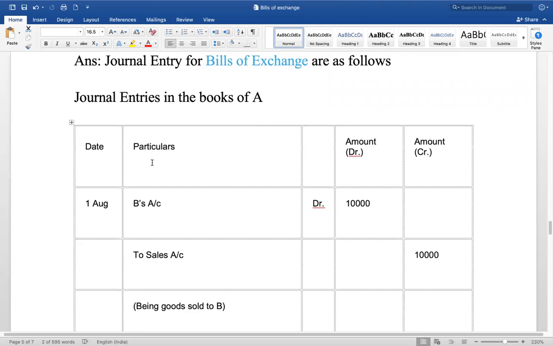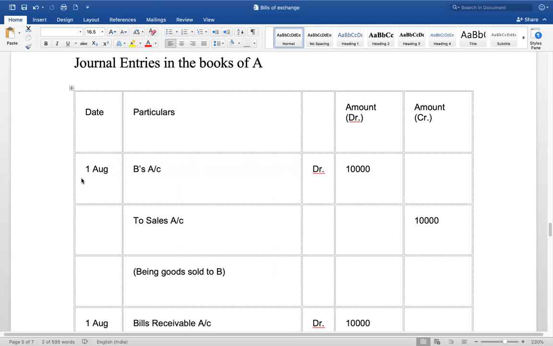Now it is like this. On 1st August, when the bill is drawn, B's account. Who is B?